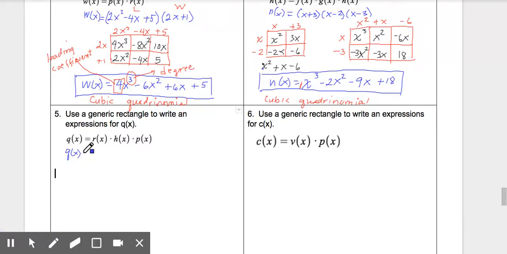Q of x is equal to r of x is 2x plus 1 times h of x, x minus 3, times p of x, and p of x is right here. So 2x squared minus 4x plus 5.